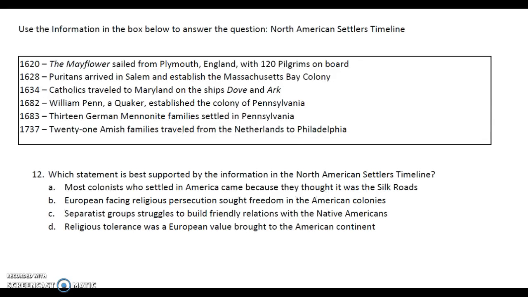B. Europeans facing religious persecution sought freedom in the American colonies. C. Separatist groups struggled to build friendly relations with the Native Americans. D. Religious tolerance was a European value brought to the American continent.